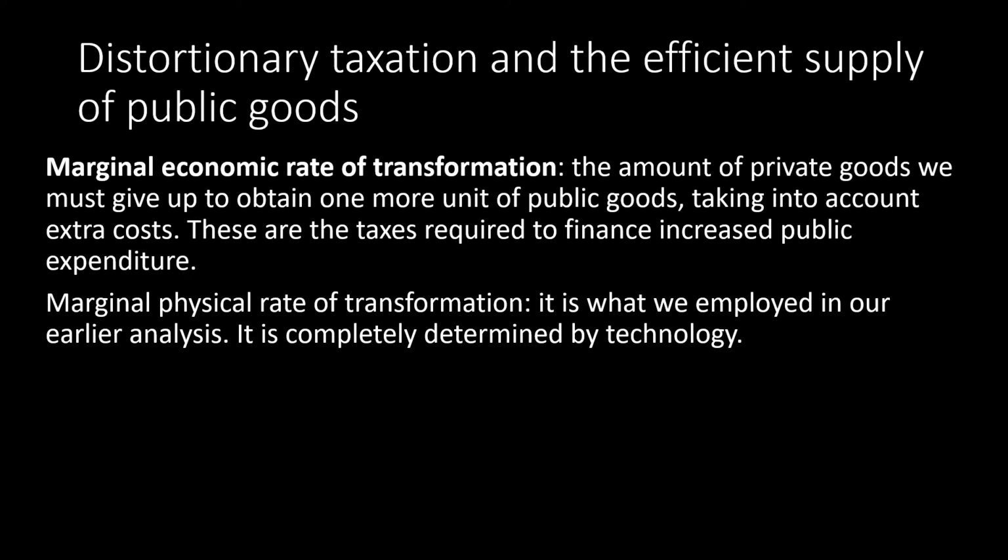Then we shall also consider a case for the marginal physical rate of transformation. It's what we employed in our earlier analysis, and it's completely determined by technology. When there is no technology, this can't take place. But when there is technology, then everything will be taking place.